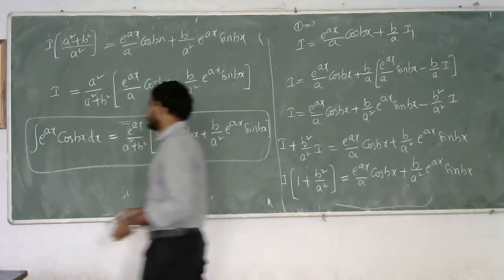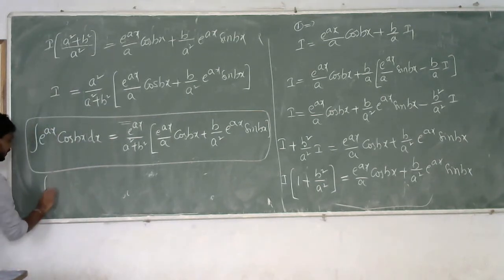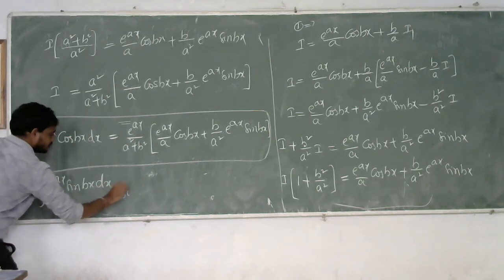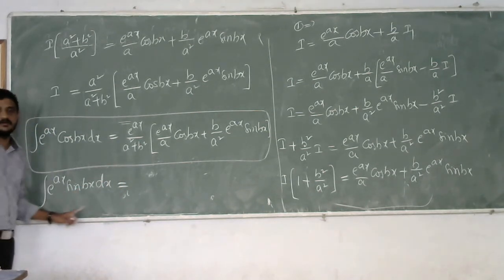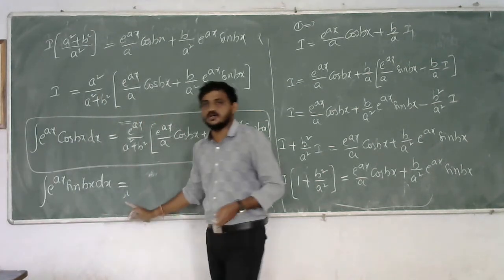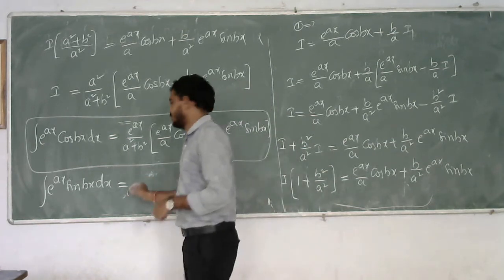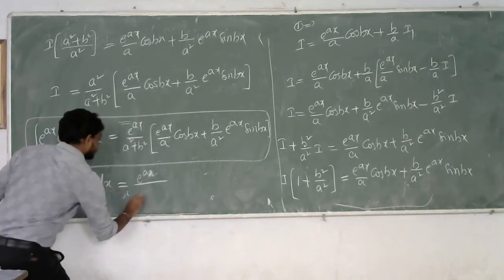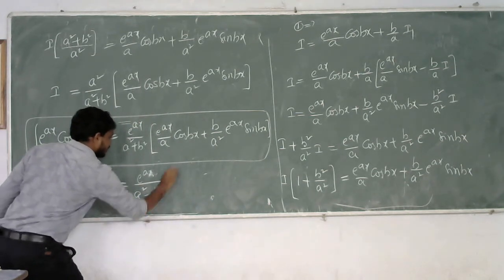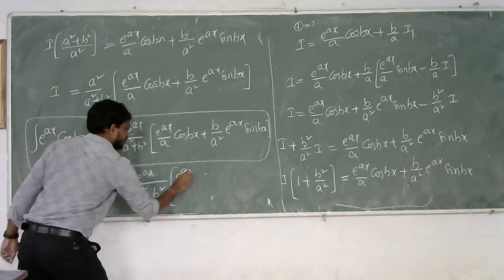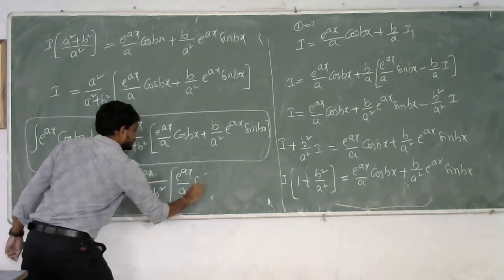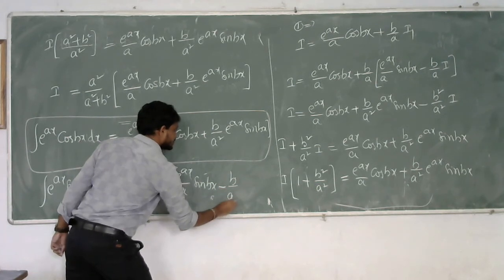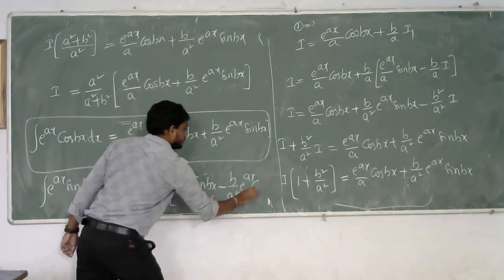Similarly, integral e power of ax into sin bx dx will be there. To solve this problem, you will get e to the power of ax by a square plus b square into e power of ax by a sin bx minus b by a square into e power of ax cos bx.